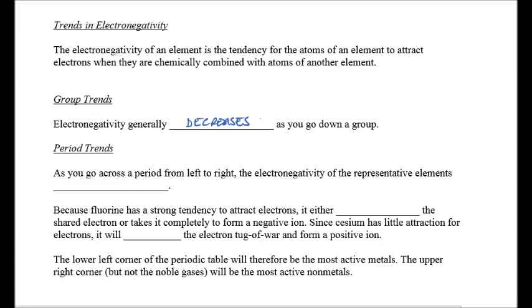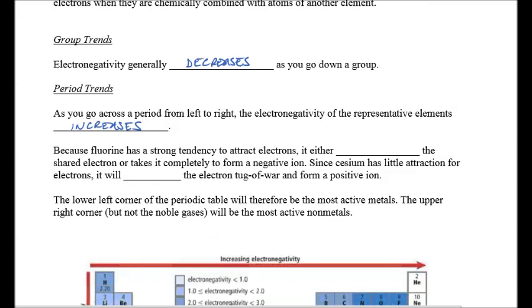As you go across a period, electronegativity generally increases. You have more protons and you're holding on to the electrons harder.